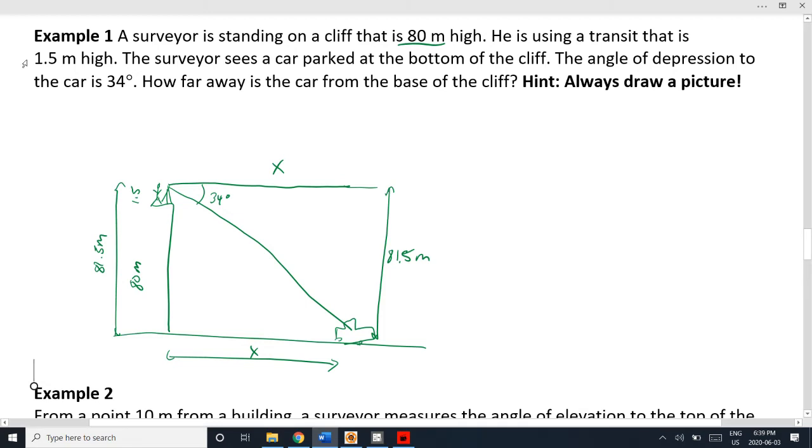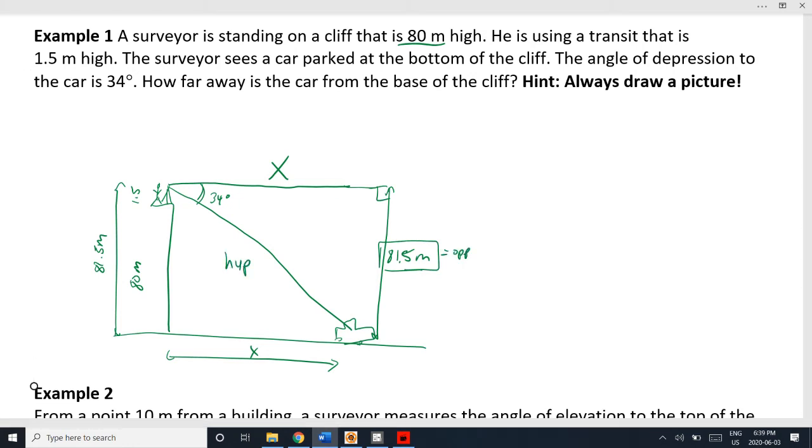Okay, so really we're just looking for this distance over here, x. We have this side over here, and we know the angle here, and this makes a 90 degree over here. So it's just a right triangle. So from this angle, what do we know? We know this side, which is opposite. This is the hypotenuse.